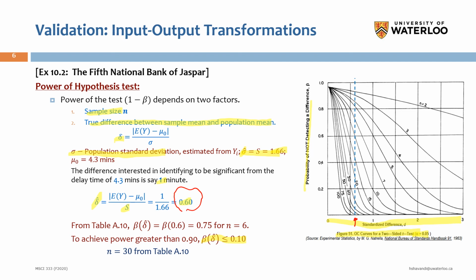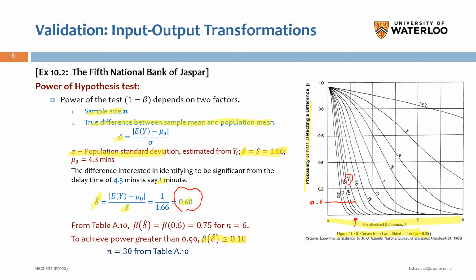And if we go up in order to find a curve with 0.1 for the beta, here we cross the curve for 30, right? As you see here, we cross the curve of 30, so that means that the sample size should be 30.